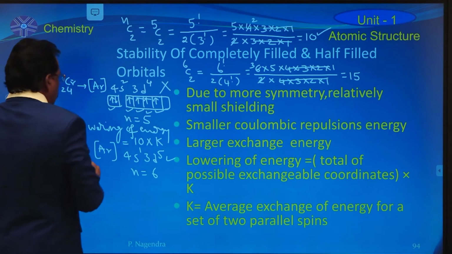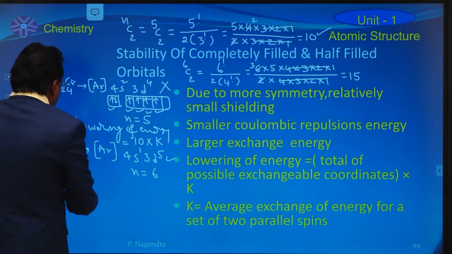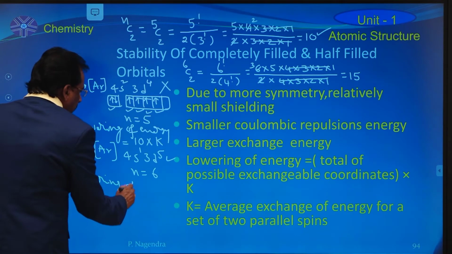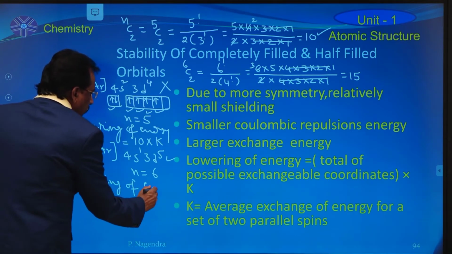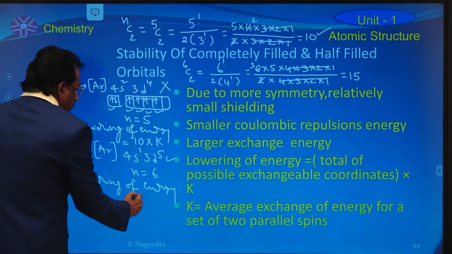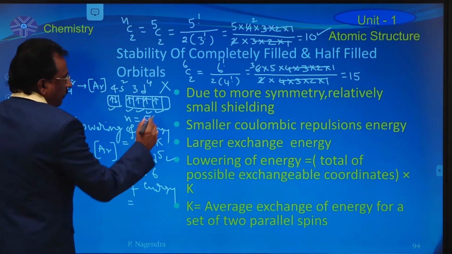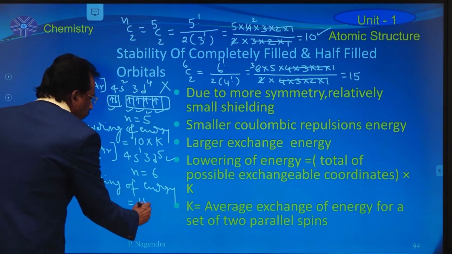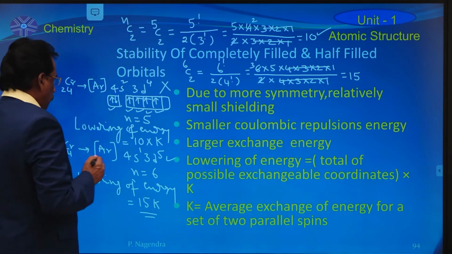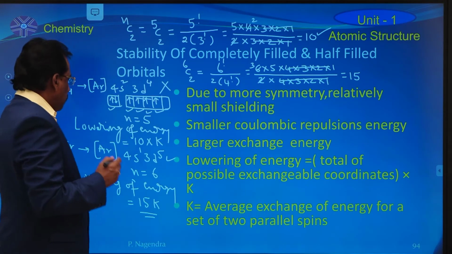So for this configuration, lowering of energy is equal to 15 into k. So when compared, this value is more.